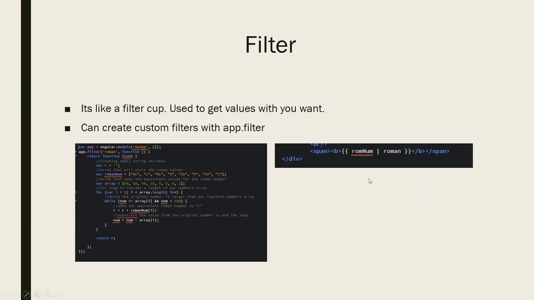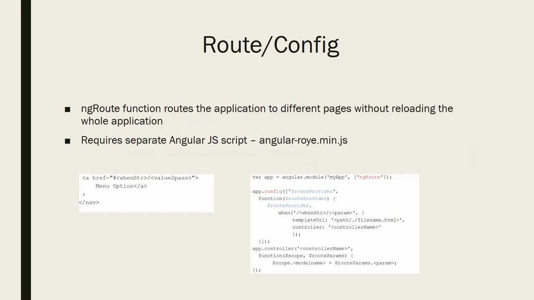You see here on our right side this span with the roman filter. Roman is a custom filter, and this is how we create it. See, app.filter, Roman, this is a custom filter. So a custom filter is like what we want to get out of the app in a different way, in a different method that we need.